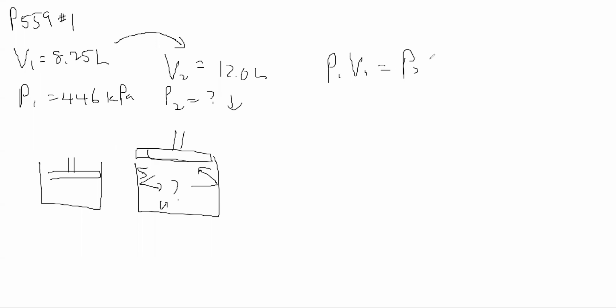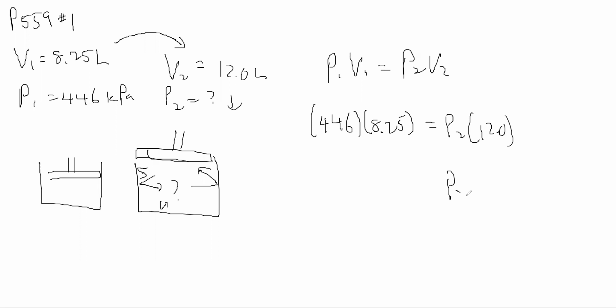P1V1 equals P2V2. That's 446 times 8.25 equals P2 times 12.0. P2 is going to be 446 times 8.25 divided by 120. That is going to be, with sig figs, approximately 30.7 kPa.